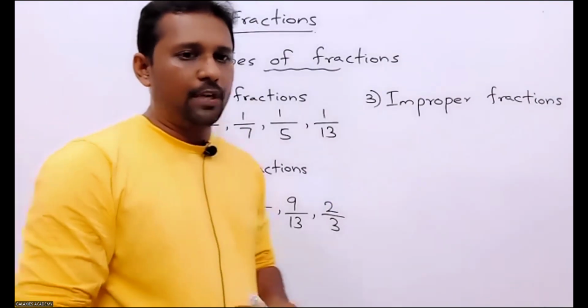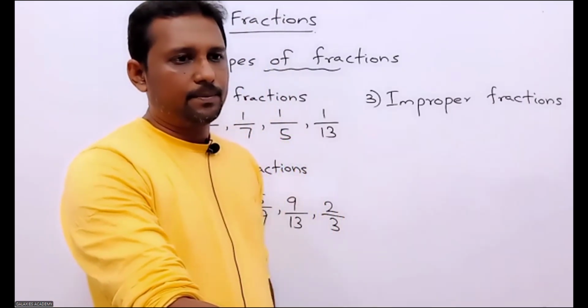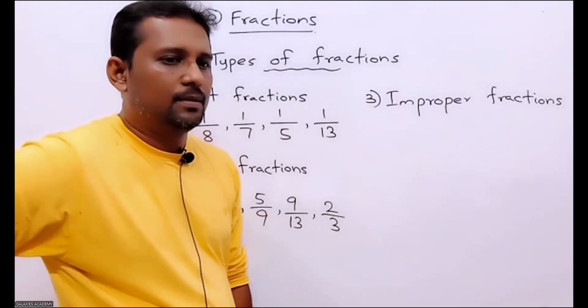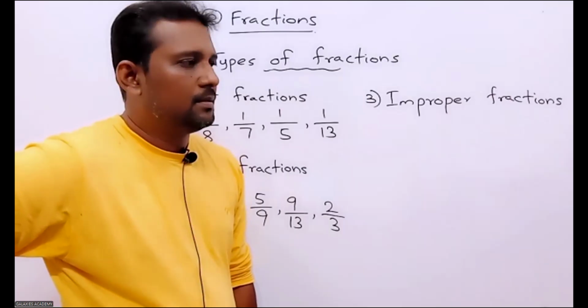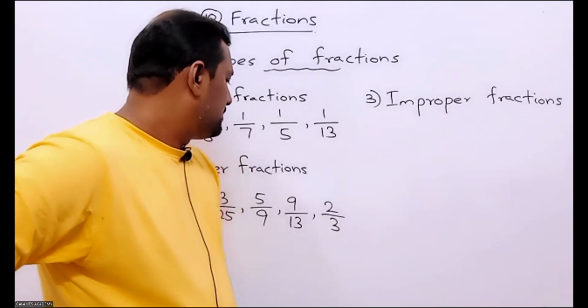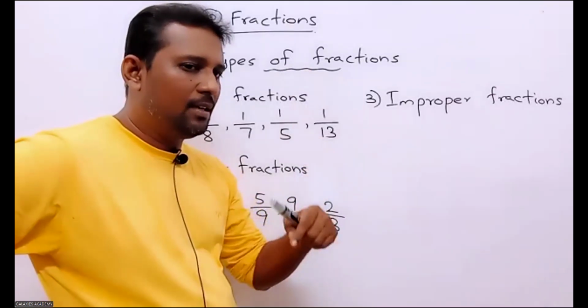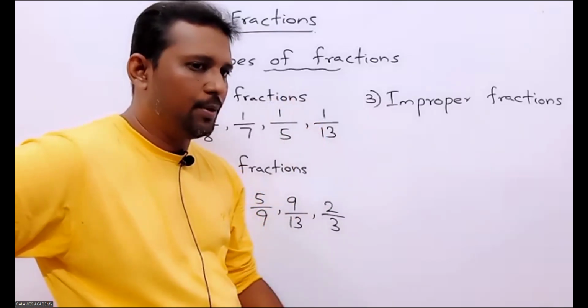It is a new type for grade 7, right? Proper fraction means the upper part is smaller than the lower part. That means the numerator is smaller than the denominator.